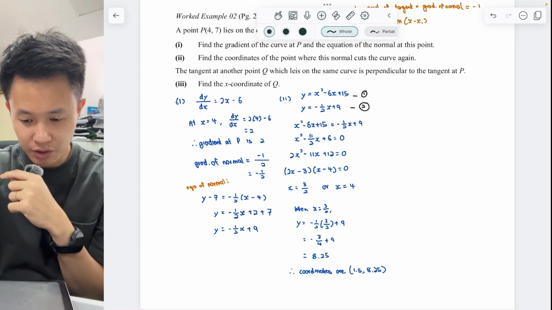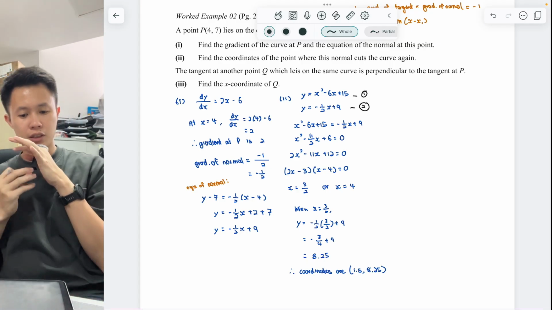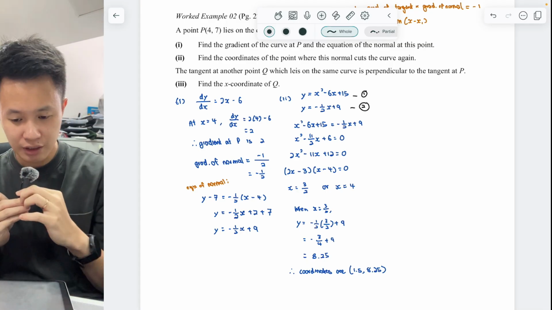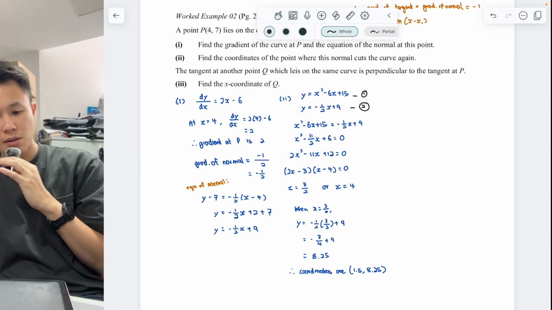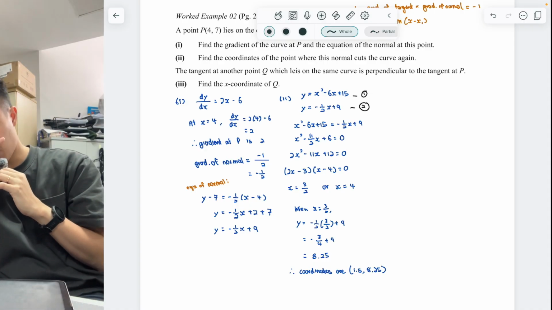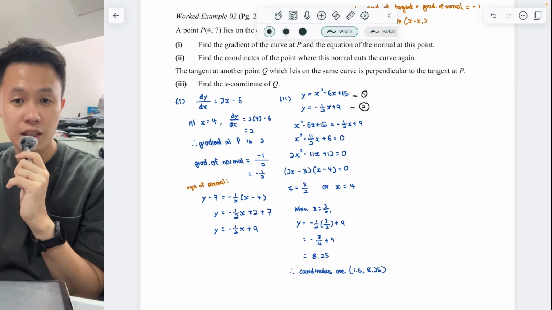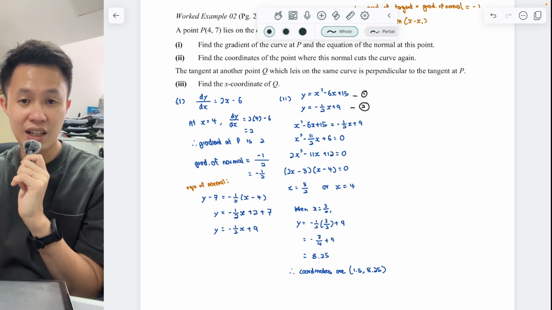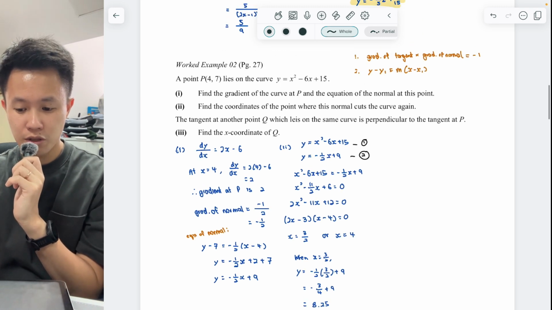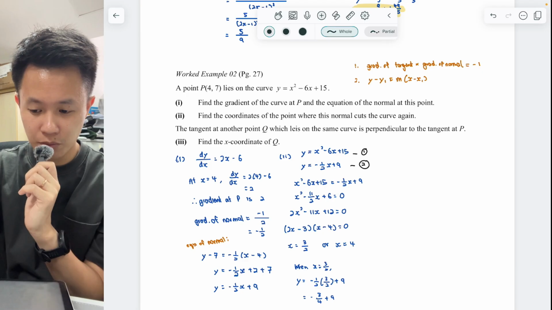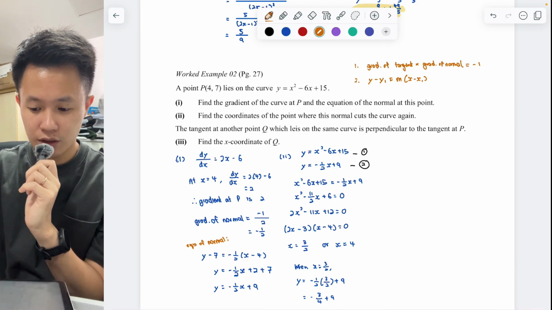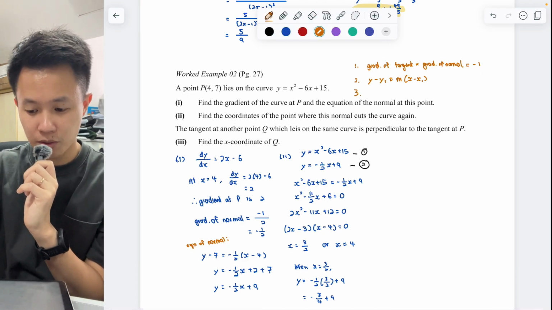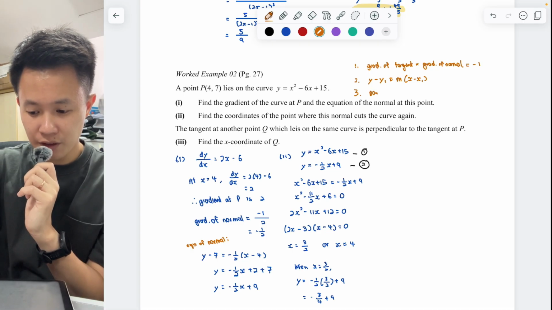Now this is a very long question, especially the third one. The tangent at another point Q, which lies on the same curve, is perpendicular to the tangent at P. So the interesting part about this is when you have lines that are parallel, we can make the conclusion here, which is the third and most important thing that we learn in coordinate geometry, that parallel lines have the same gradient.